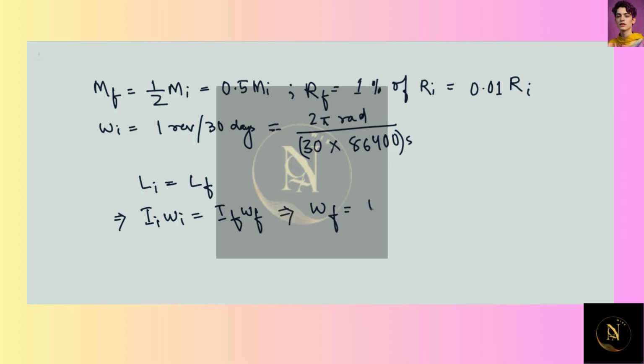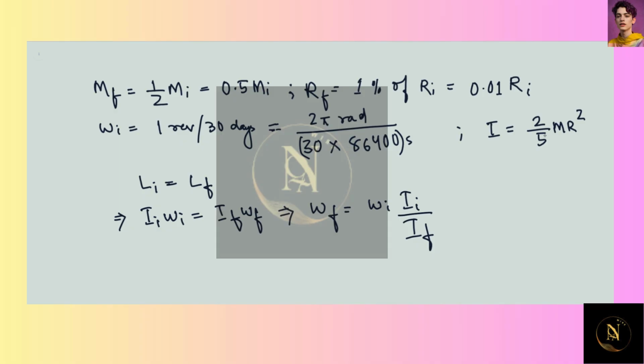So this will be equal to the initial angular velocity times the ratio of the initial and final moment of inertia. And since the mass is a sphere, we know that the moment of inertia of a sphere about its center is equal to 2 over 5 times m r square.